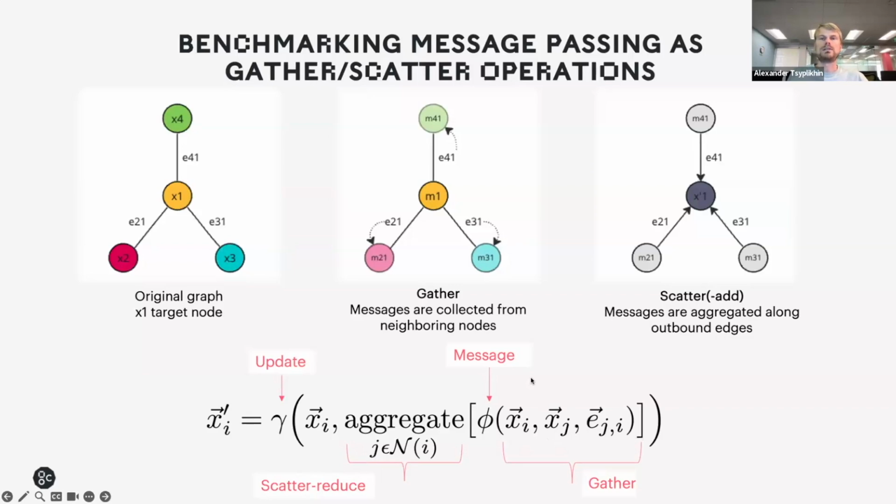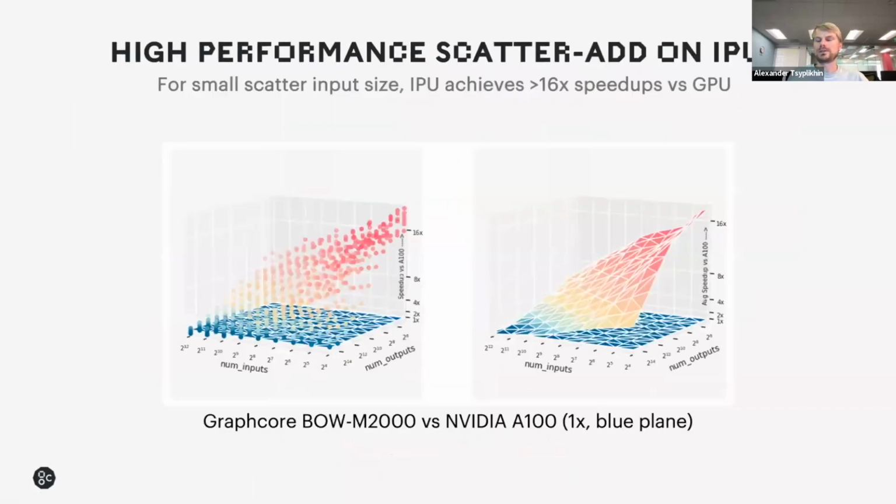And we have benchmarked those operations on IPUs, comparing those to A100 GPUs, given different sizes of inputs and outputs of these operations. The results are shown here for the scatter add operation with a scatter plot on the left and a smooth surface on the right. So it is the same set of data, just shown slightly differently.